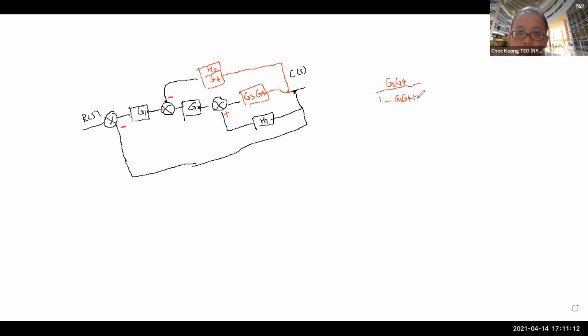So that will be a simplified expression for this here. So with that, I can rub away this portion here, and then insert the new expression over here. So the new expression will be G3, G4 divided by 1 minus G3, G4, H1.